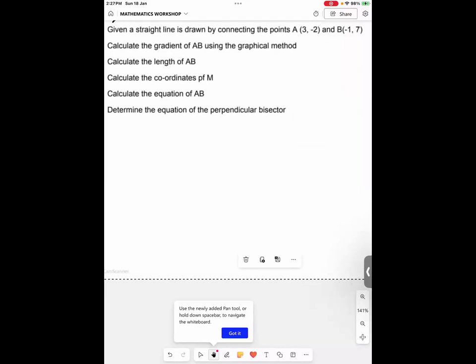Your task is to calculate the gradient of AB using the graphical method. You are also to calculate the length of AB, calculate the coordinates of M, calculate the equation of AB, and determine the equation of the perpendicular bisector.